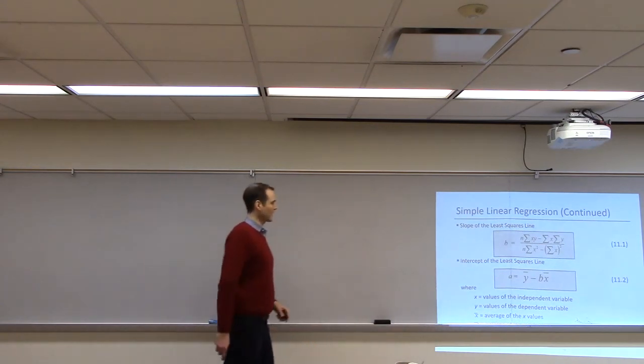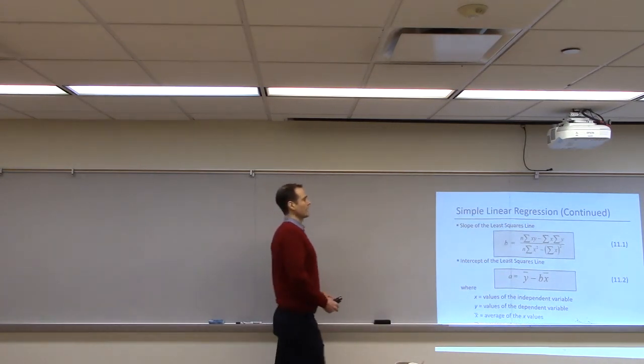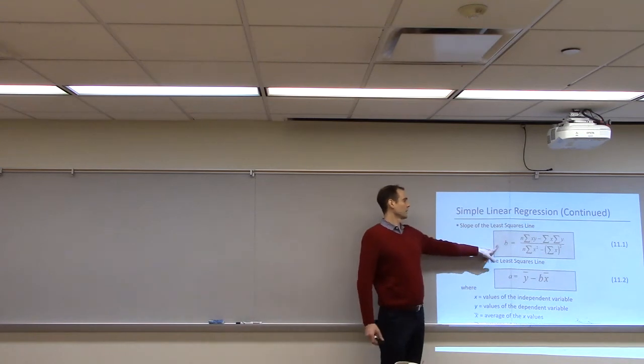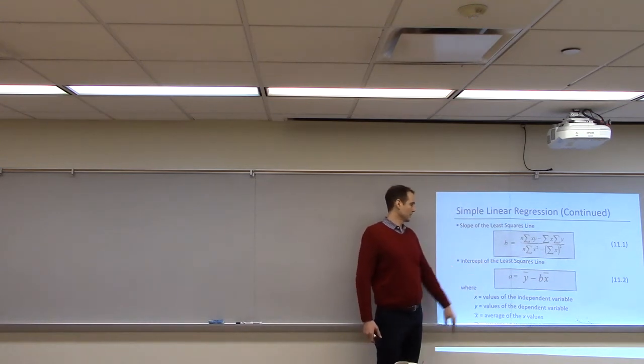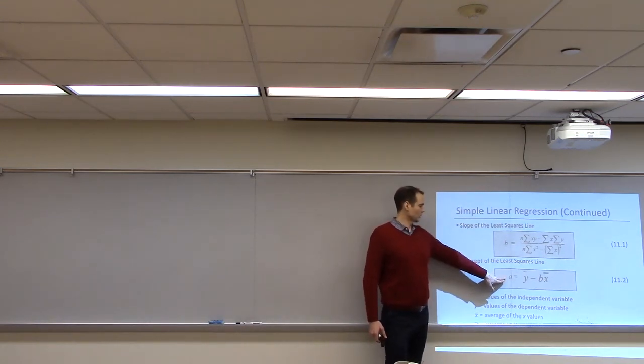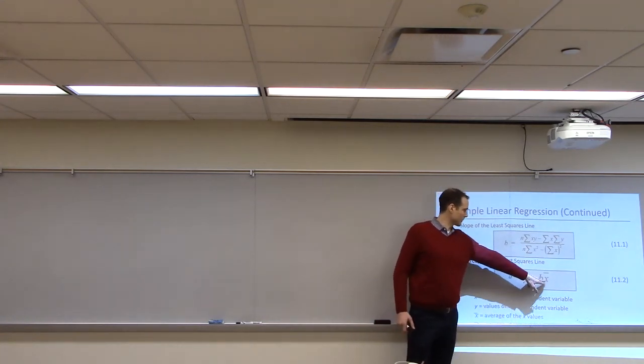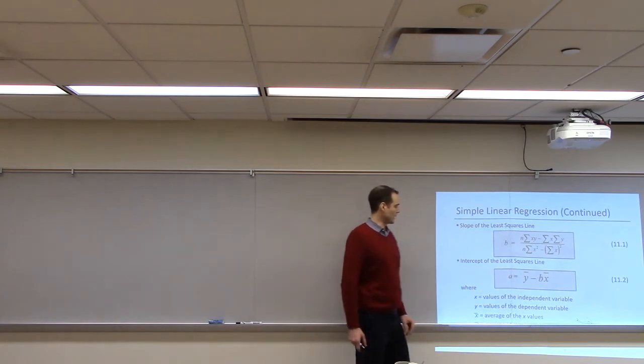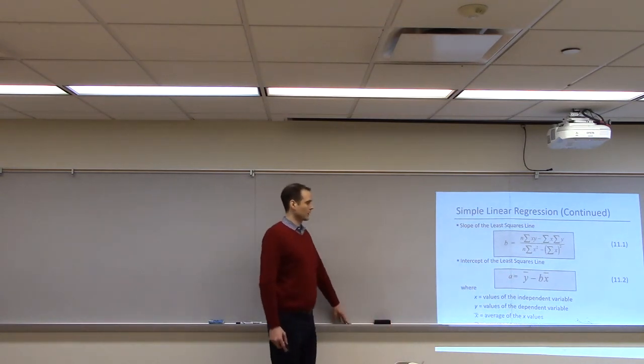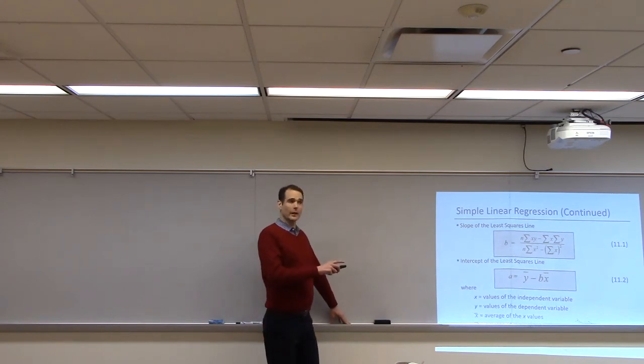You do all of that carefully and slowly, and you will come up with the slope for the line of best fit. Then y-bar is the average y, minus the slope times the average x, which will give you the y-intercept for the line of best fit. So we could do this if we wanted to.